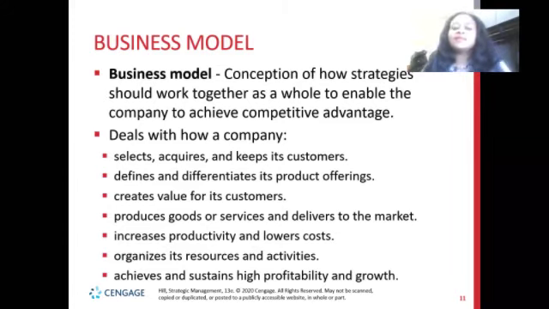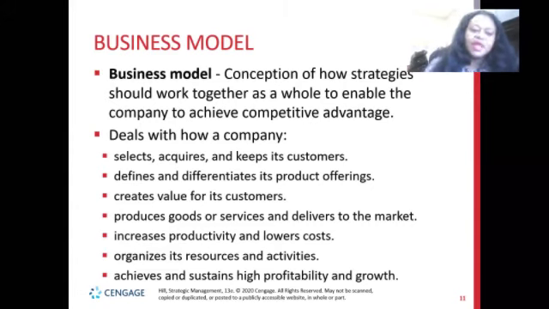The bottom line is a business model explains who a firm is, what they do, how they do it, even to some extent why they do it. But it's a conception of how all of the strategies for a firm should work together as a whole in order for a firm to achieve competitive advantage.